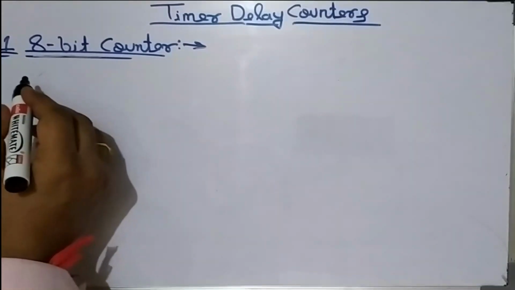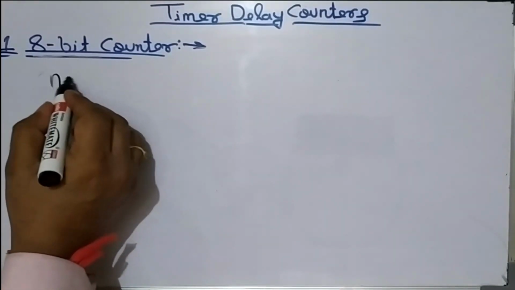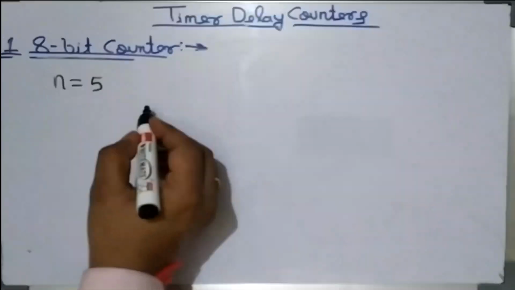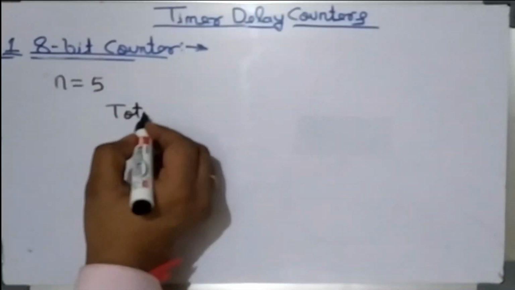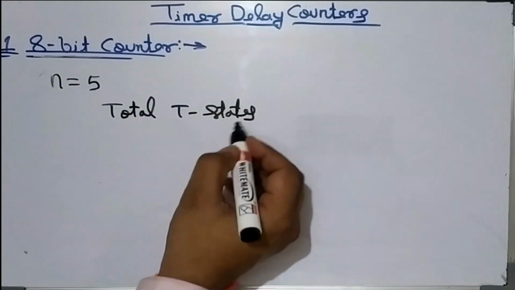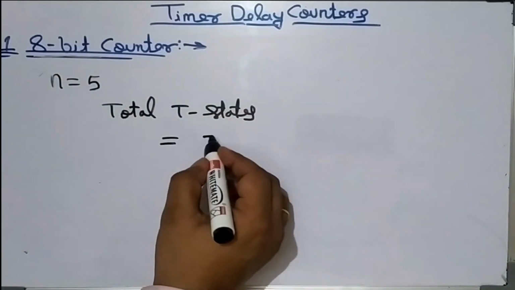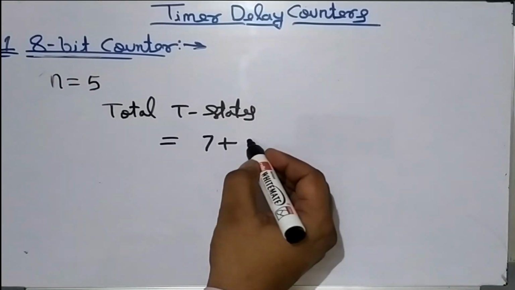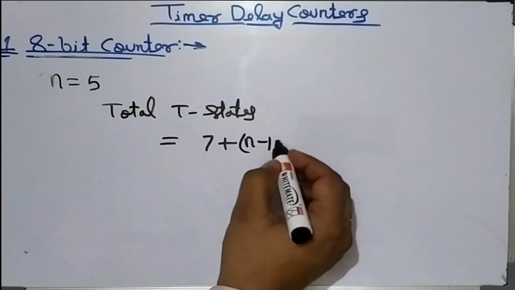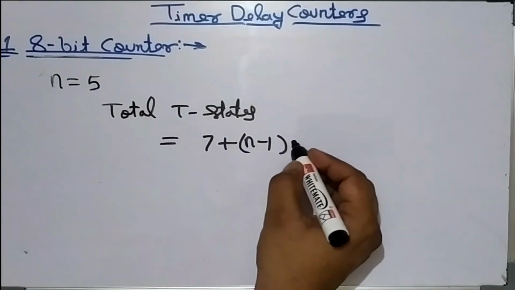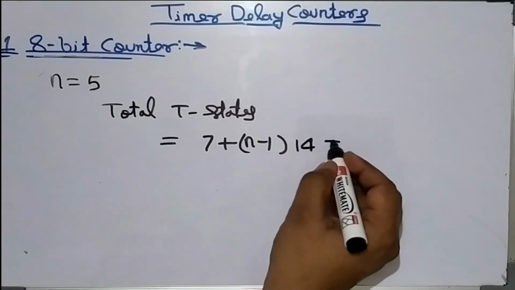Now suppose that the count value is n equals 5. What will be the total T states? 7T plus, first of all I write the formula n minus 1 which I calculated before, (n minus 1) into 14T.